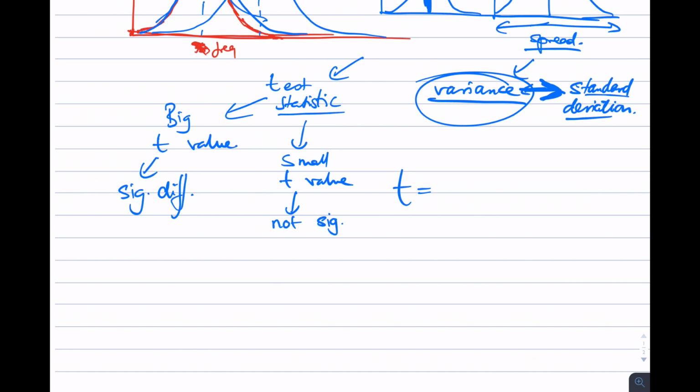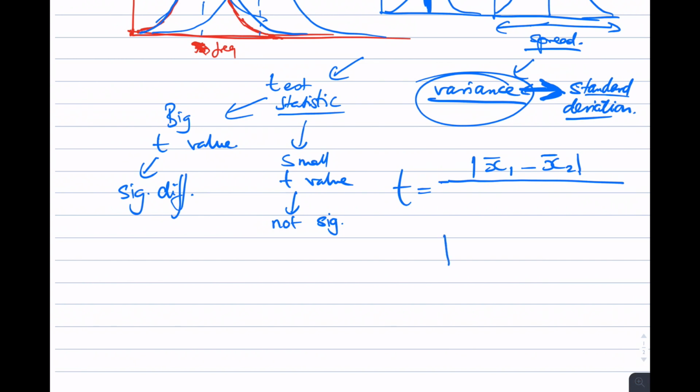T equals, and there might be some variations on this, essentially the difference between the mean of the first population and the mean of the second population. And these two lines on the outside mean ignore any negative signs that come up here. So we just want the positive value of the difference between the means. We're not really concerned with the negative part of it.